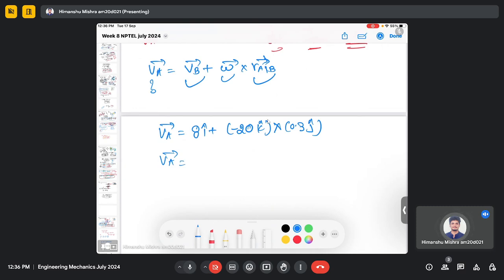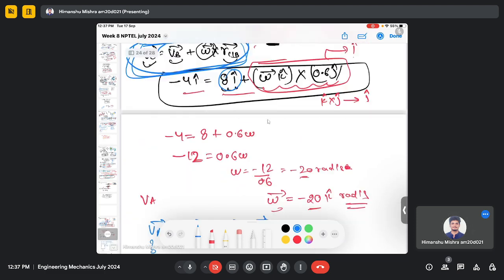Here you can see that this quantity will be in the x direction, in the i direction. So it will be 8i minus 6i. So VA will be 2i feet per second. So VA will be 2 feet per second in the positive x axis.